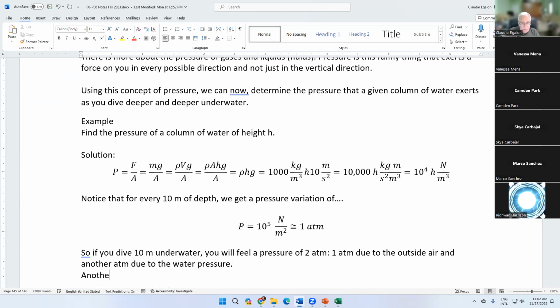Another 10 meters dive, another 10 meters underwater, or 20 meters, corresponds to a net pressure of 3 atmospheres approximately, right? And so on. Can you memorize that? That's not difficult, right?